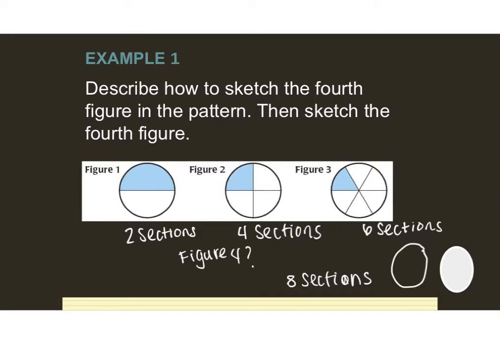Oh, I don't know what I just did there. Well, let's divide it into 8 sections. And let's shade one of them. This is what figure 4 should look like, okay? 8 sections and one of them is shaded.